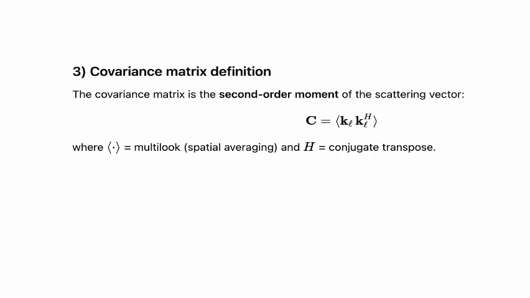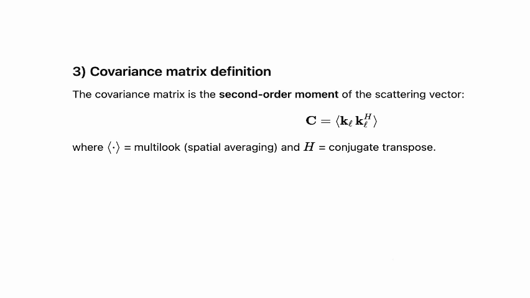Now, how do we get the covariance matrix C from this scattering vector? We compute the outer product of the lexicographic vector with its Hermitian transpose and then average. That average is commonly a spatial or multilook average to reduce speckle noise. In compact form, C equals the expectation or multilook average of KL times KL Hermitian transpose.